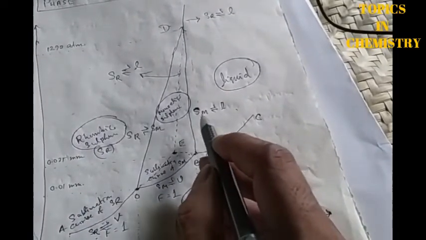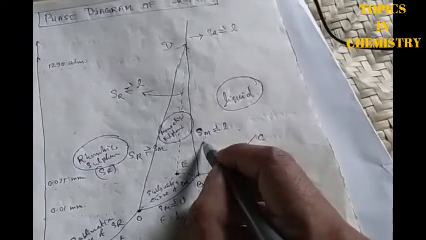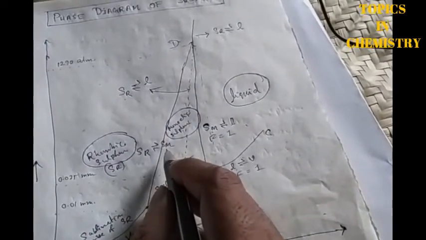Here liquid sulphur is in equilibrium with vapor, also F equal to 1. Here liquid is in equilibrium with monoclinic sulphur, so F is equal to 1. And here two solid forms of sulphur are in equilibrium, so here also F is equal to 1.